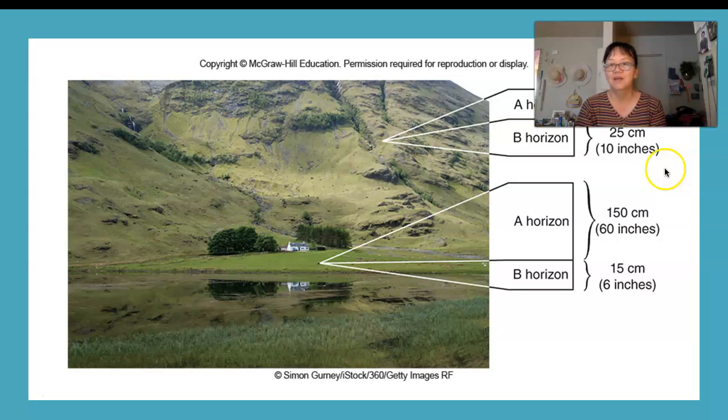The B horizon on top of the mountain is 25 centimeters. In the delta region, it's 15 centimeters. So nature plays a role, and the geological features and the topography also play important roles in the soil.